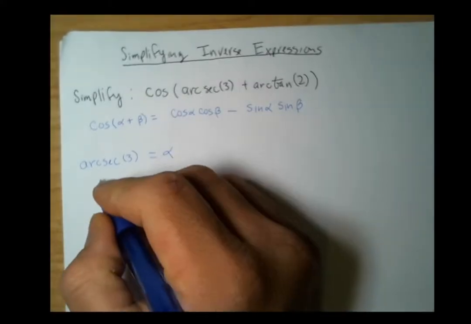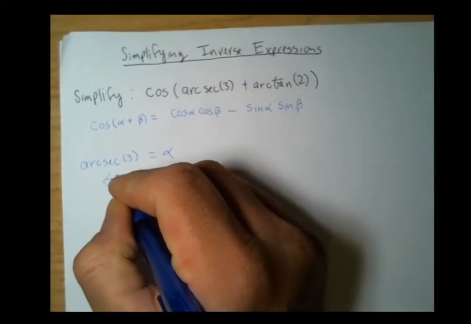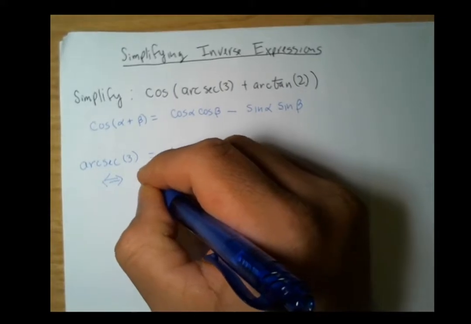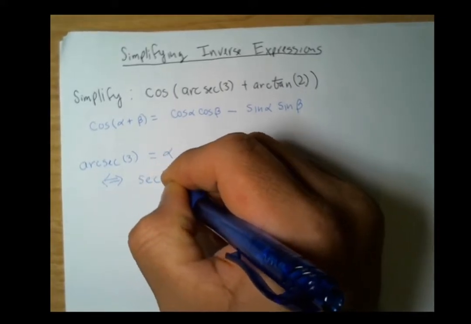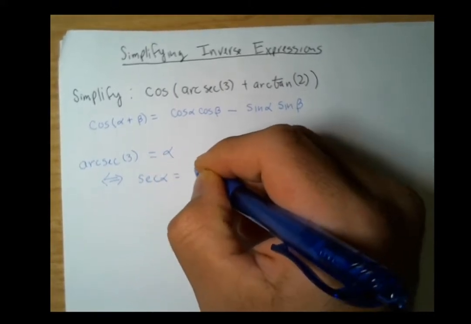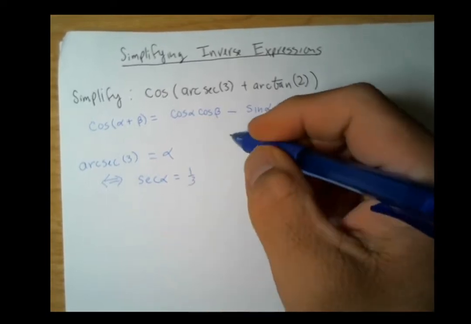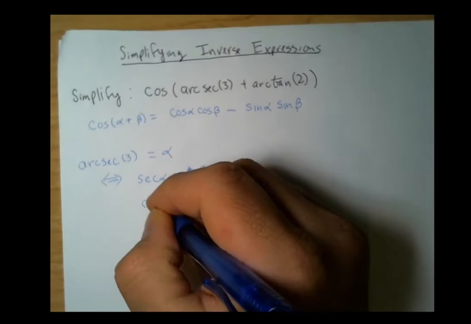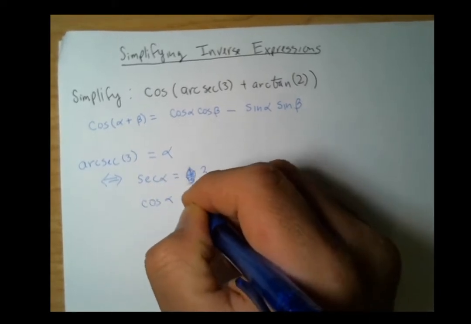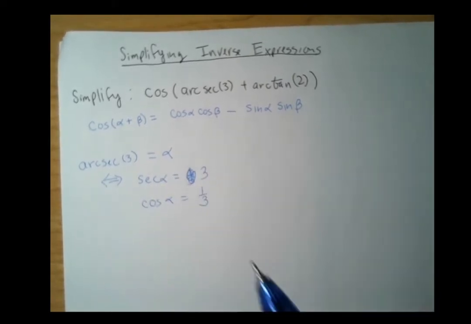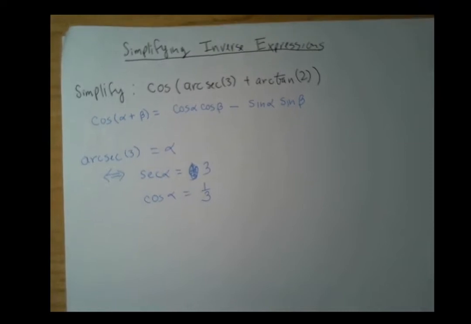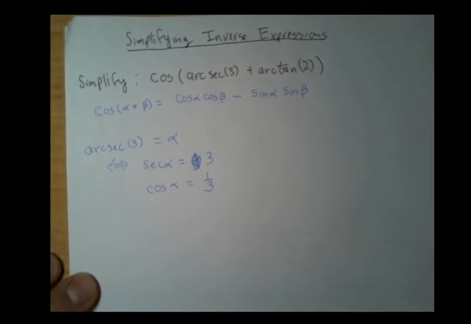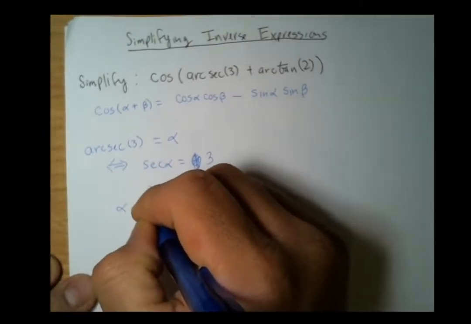By the way we define inverses, that means the secant of alpha must be equal to 3, and then the cosine of alpha, through the reciprocal identities, is equal to 1/3, and alpha is in quadrant 1.